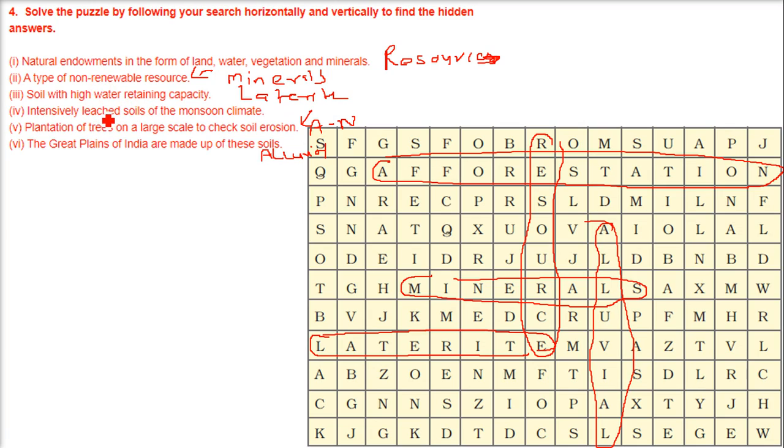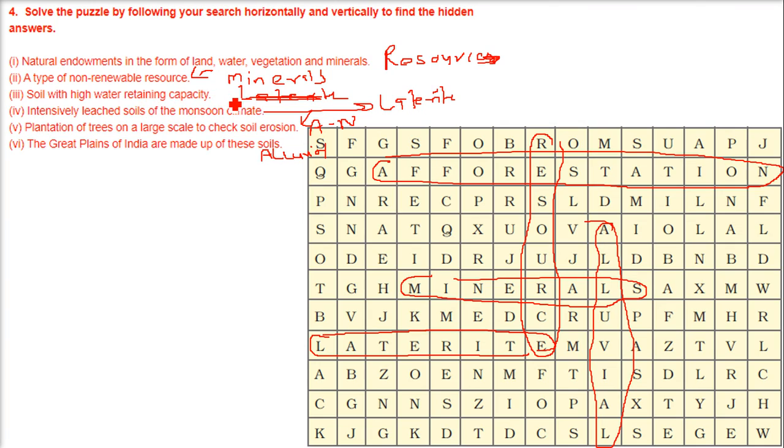Soil with high water retaining capacity, we have already seen, is laterite, and intensively leached soil of the monsoon climate. So I will change this. Intensively leached soils of monsoon climate is laterite. Okay, I am changing what I said just now. It is laterite. So laterite we have already found.